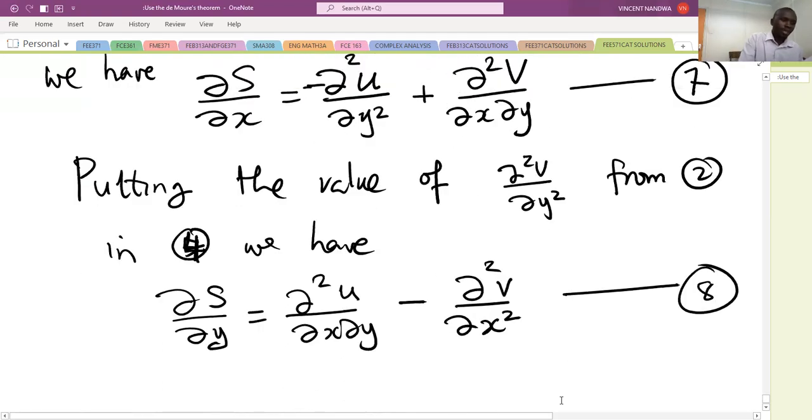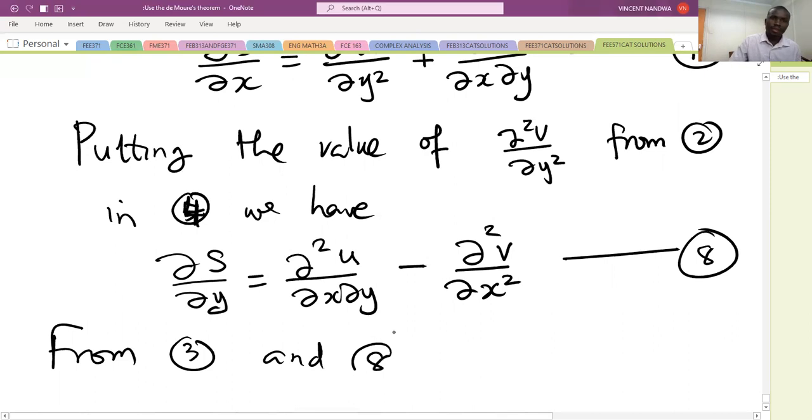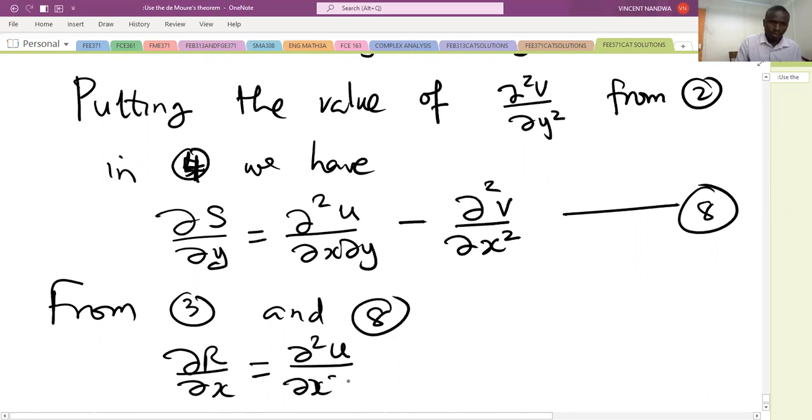Now from 3 and 8, remember 3 was ∂R/∂x equals ∂²u/∂x∂y − ∂²v/∂x².